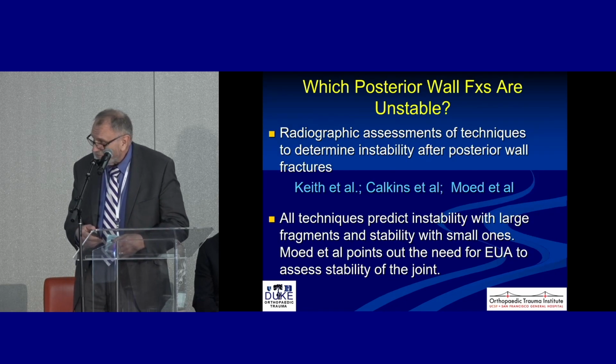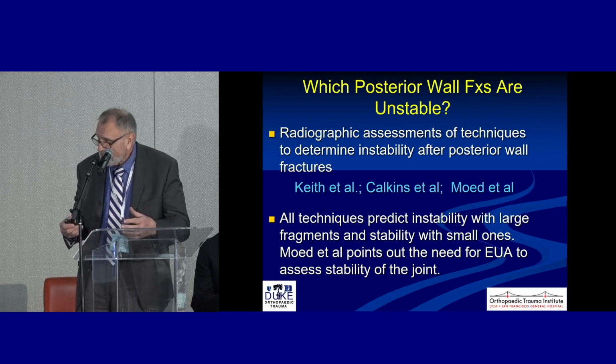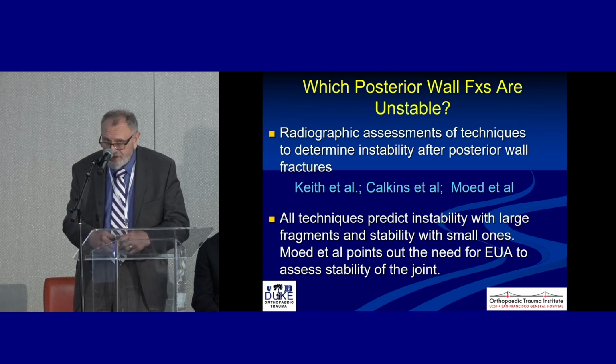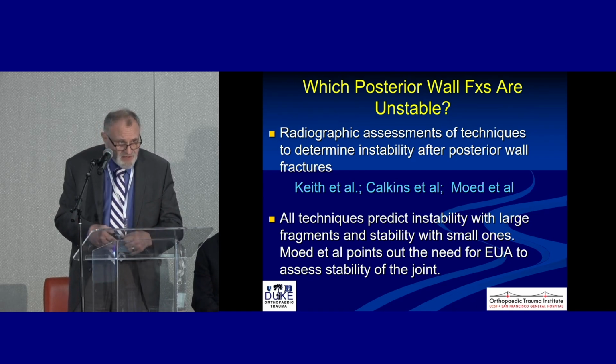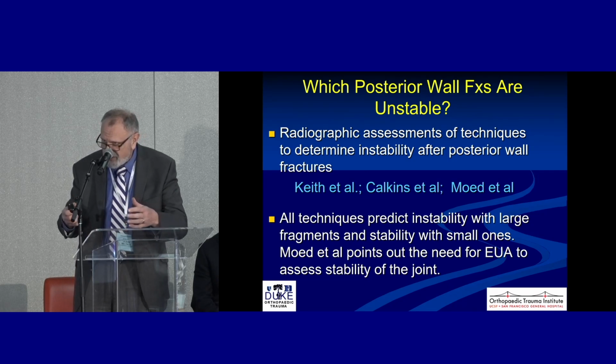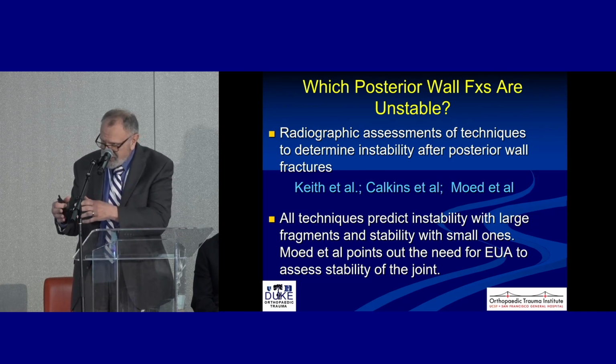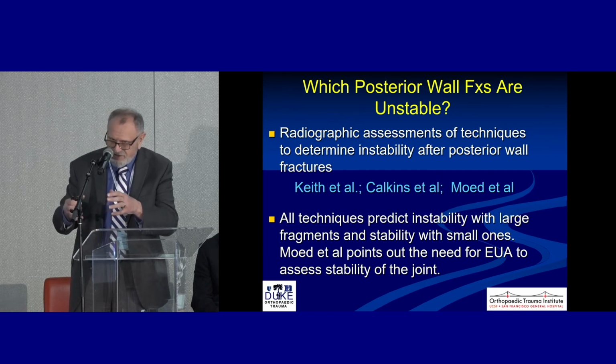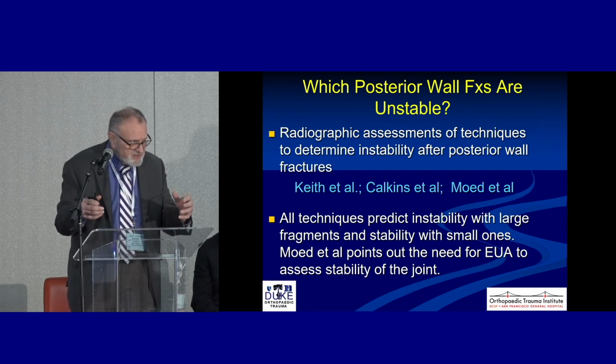So if there's any question, consider an intraoperative stress exam. Radiographic assessments are useful to identify posterior walls. There's 3 or 4 different articles out there that look at ways to assess the posterior wall, and each one of them says, if it's really small, it's not so bad. If it's in the middle, it's a gray zone, and if it's really big, they're all unstable.